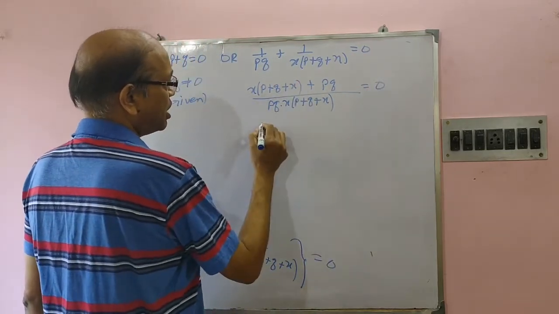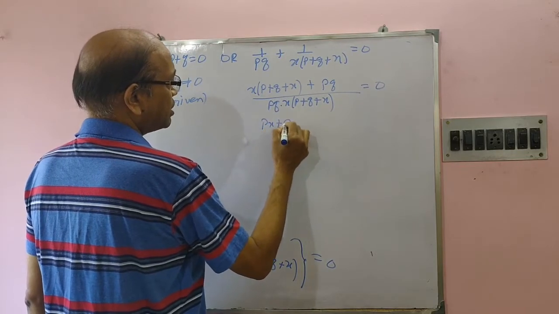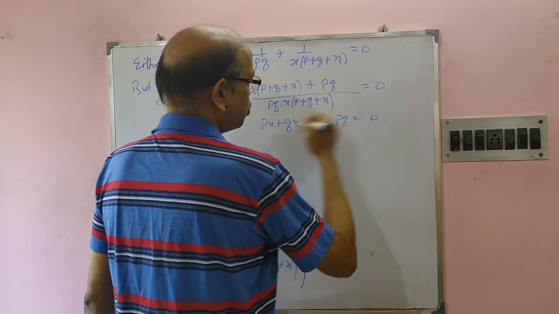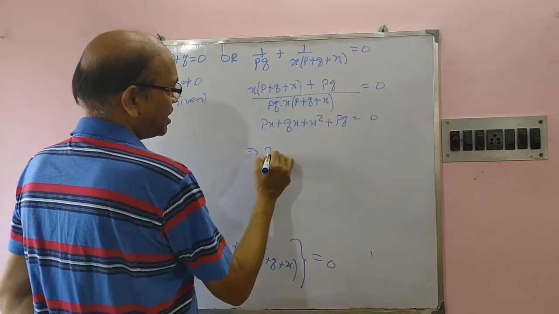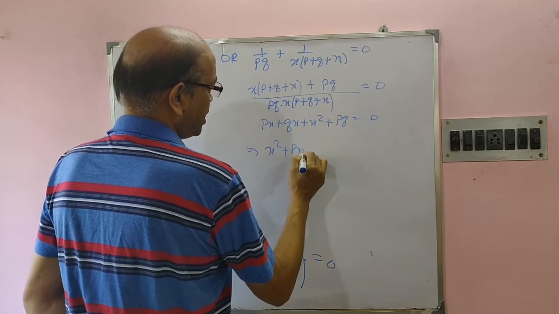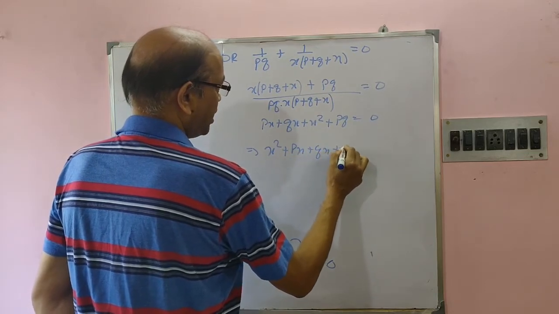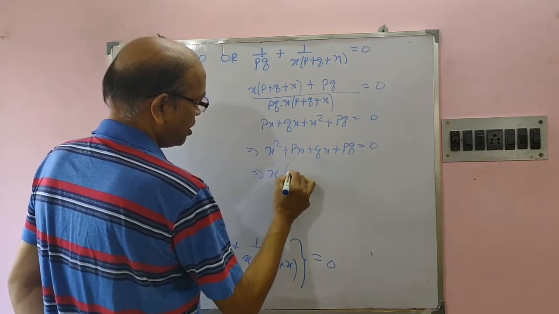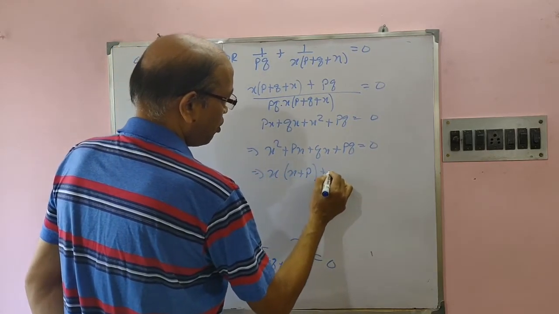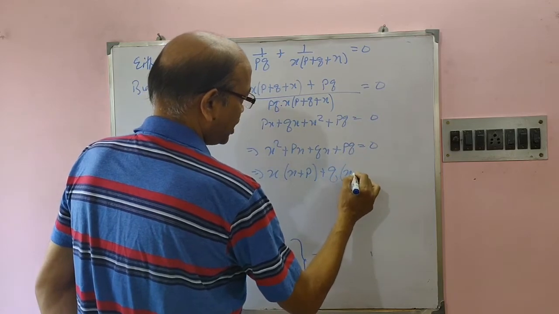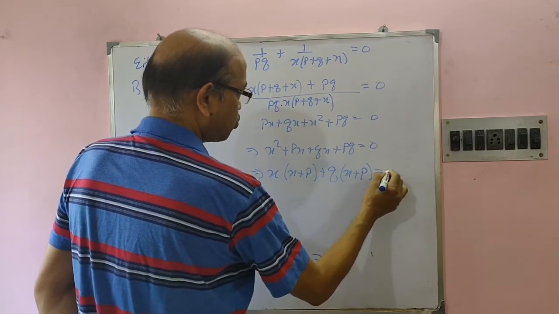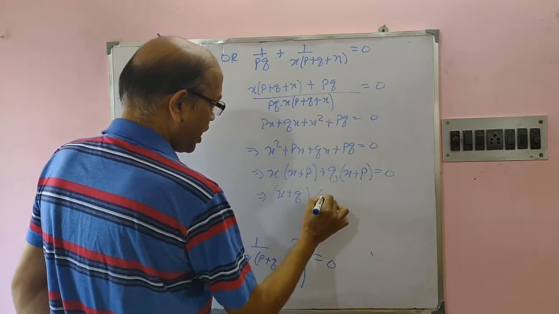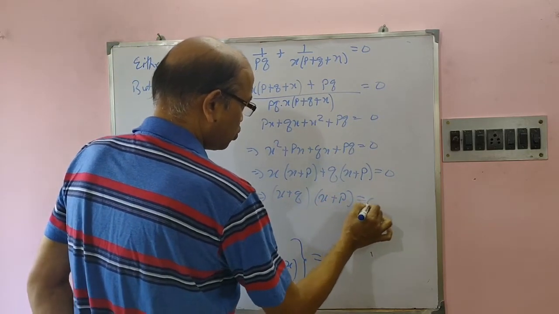Let us open up this. px plus qx plus x square plus pq equals 0, or it can be written as x square plus px plus qx plus pq equals 0. From here I take x common, x plus p. From here I take q common, I get x plus p equals 0. Therefore x plus q or x plus p equals 0.